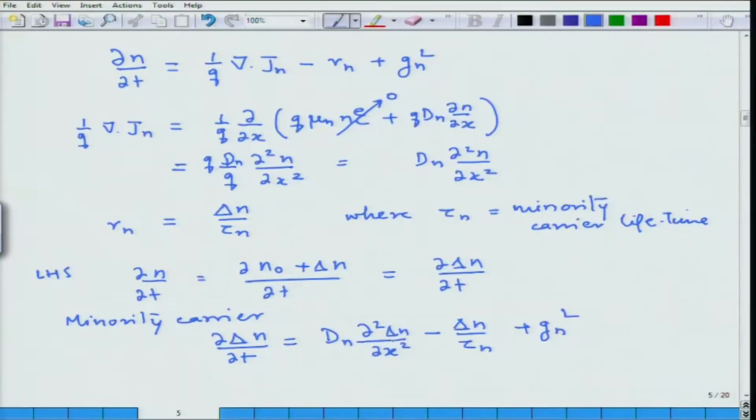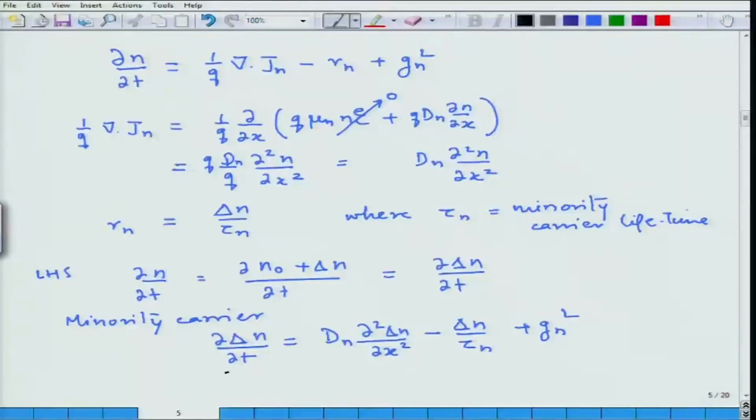So, what we have done here is we have changed the continuity equation from an equation written in terms of the carrier concentration or electron concentration to excess electron concentration, which basically means we are solving for what is happening to the excess electron concentration in a device. A counterpart of this can be written for holes also, for minority carriers.